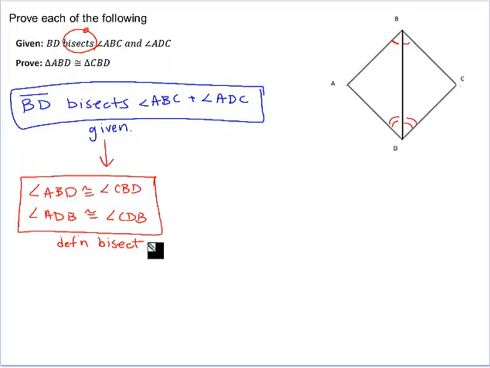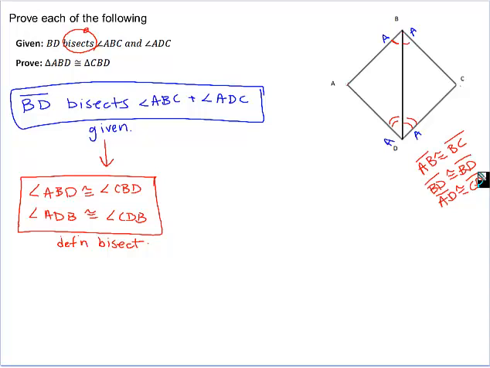Now let's take a look at what we have. Two angles that are congruent. Whenever we have two angles that are congruent, we need to prove that any side is congruent. Doesn't matter which one. So when we're looking at this diagram, we need to either prove that AB is congruent to BC, that BD is congruent to BD, or that AD is congruent to CD.